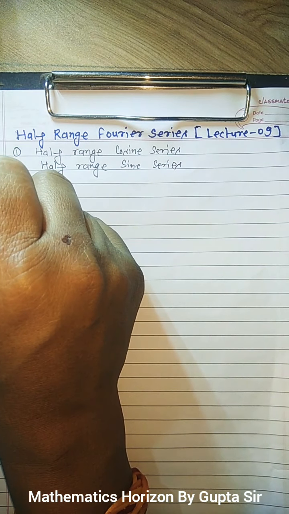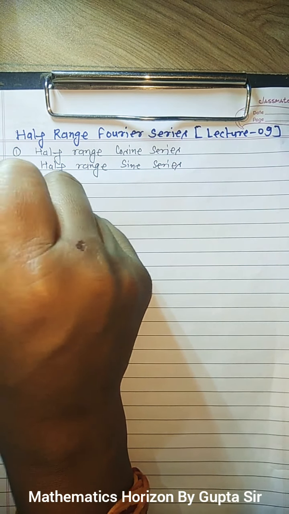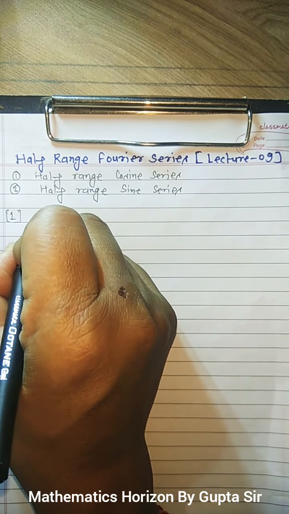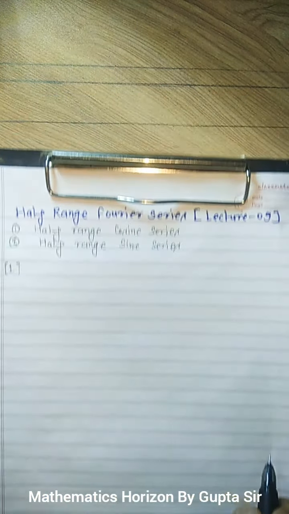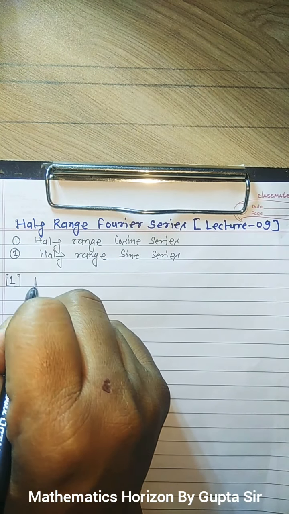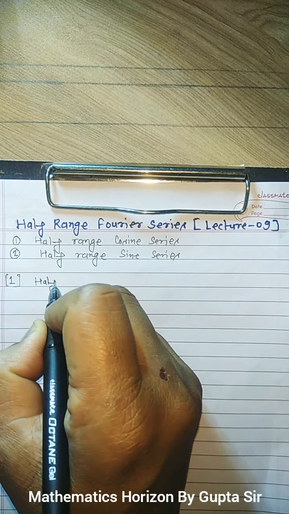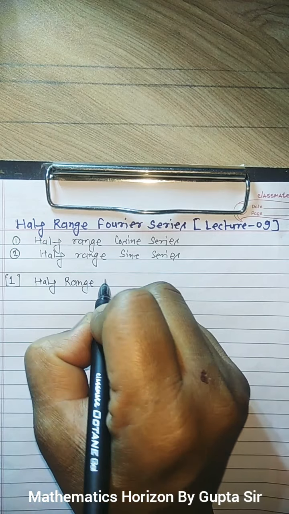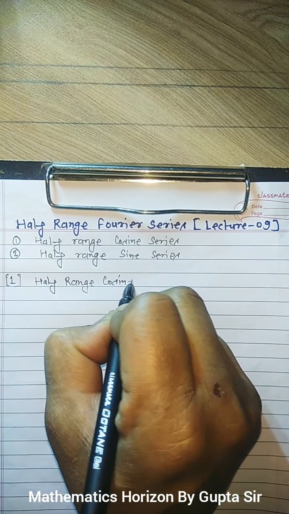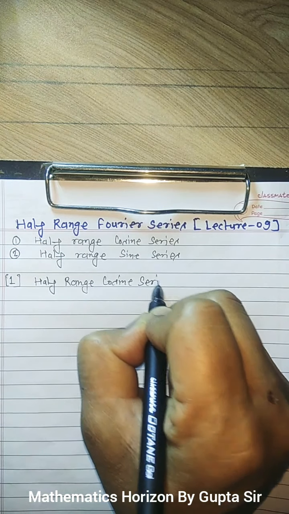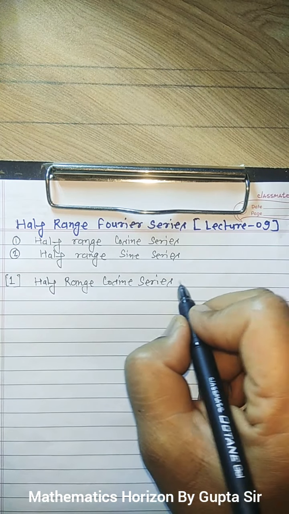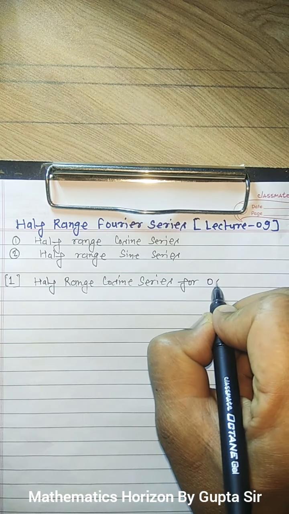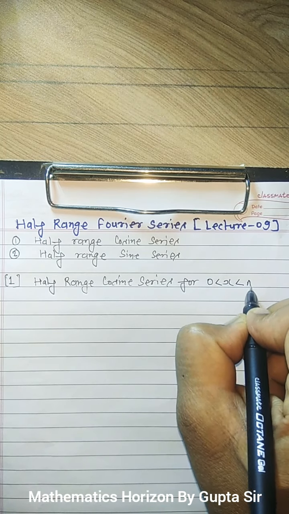Now we take first the half-range cosine series for the interval 0 less than x less than pi.